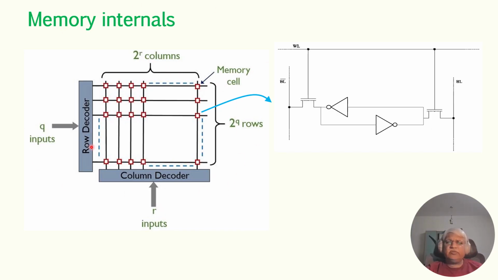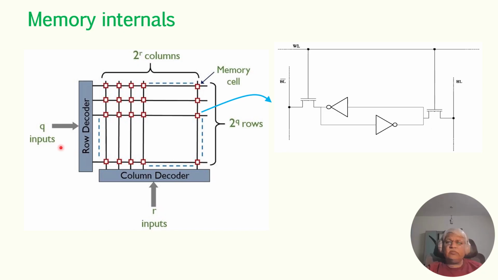Okay, so if you see here, these are the address decoders for the rows and the columns. Here, since it is R inputs of the address, it is 2 to the power of R columns, and here it is Q inputs, hence it has 2 to the power of Q rows.